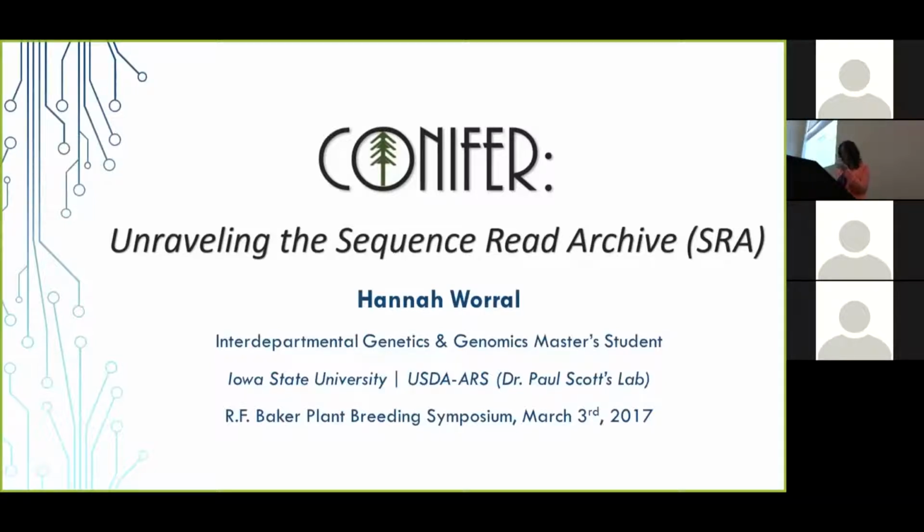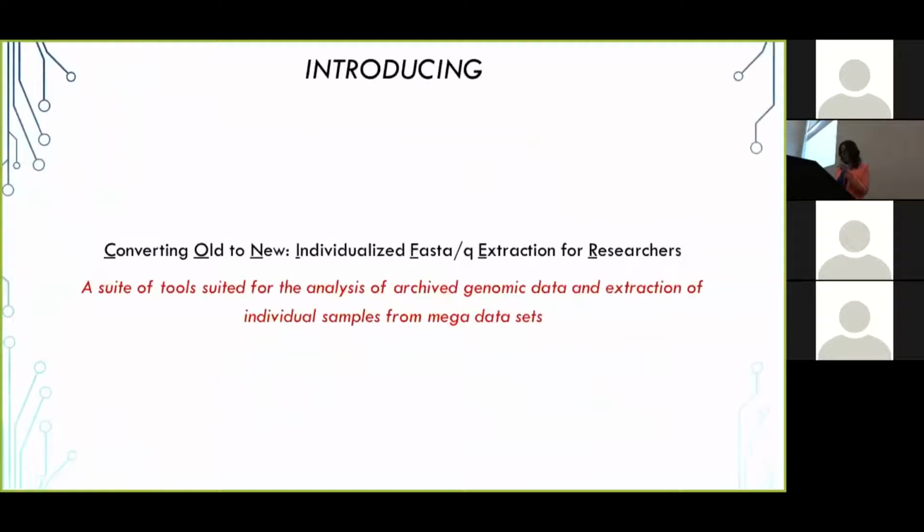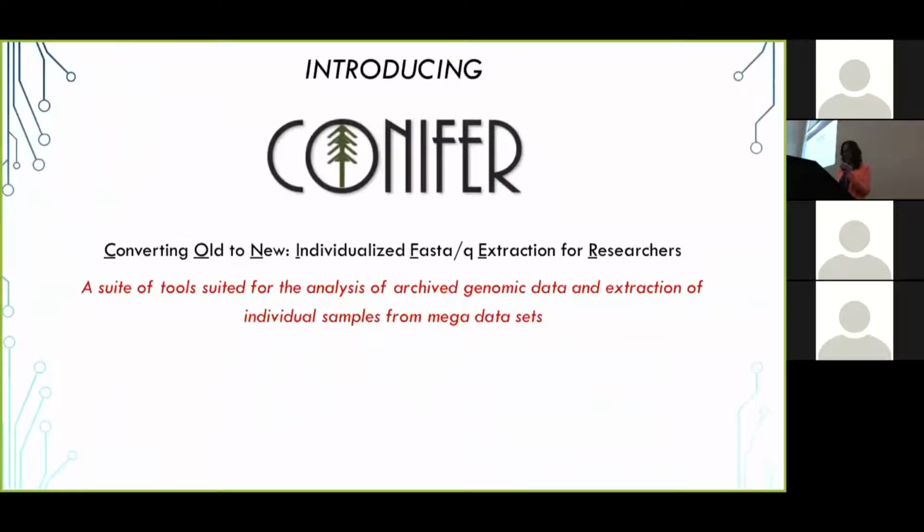There we go. All right, so CONIFER is a suite of tools that was developed for the analysis of archived genomic data and the extraction of individual samples from megadata sets.